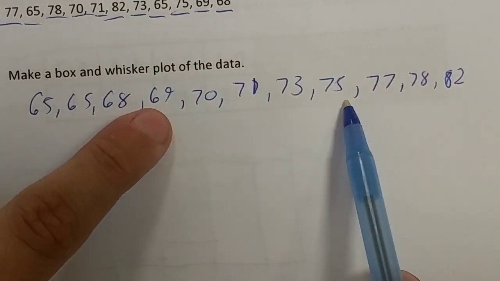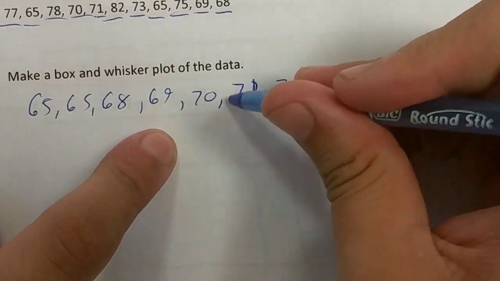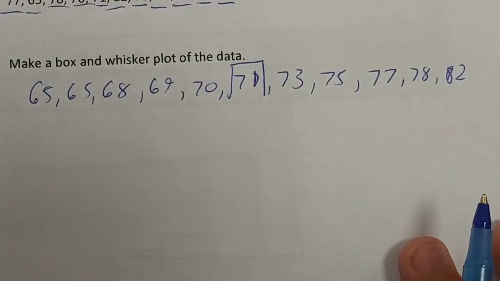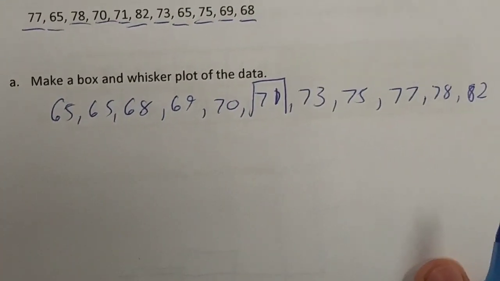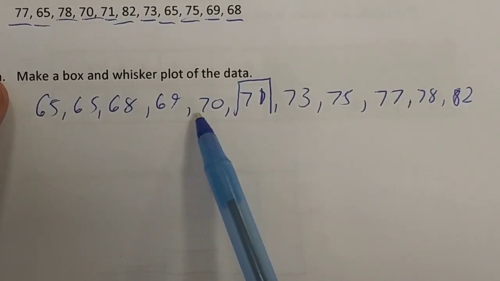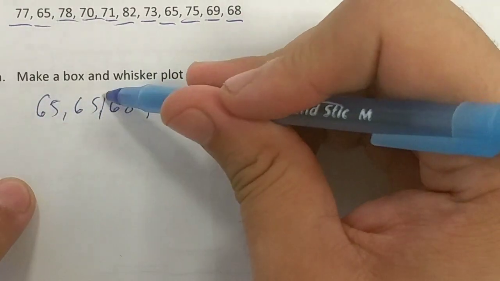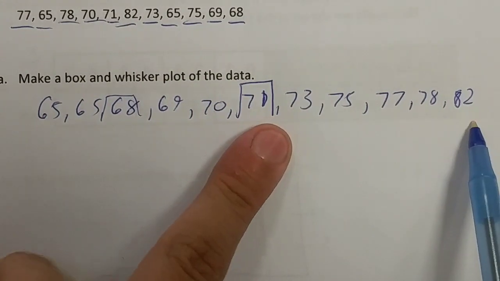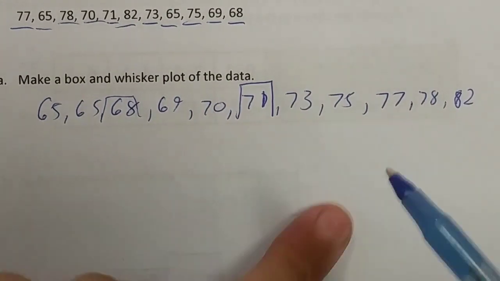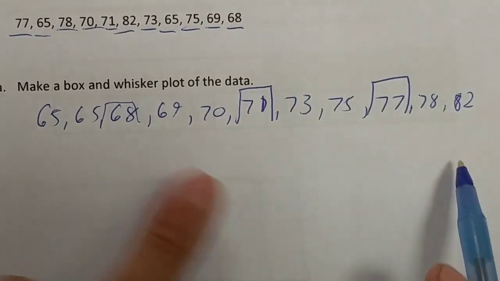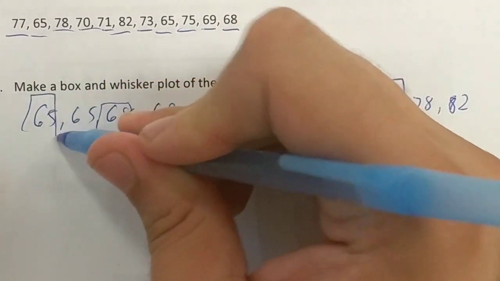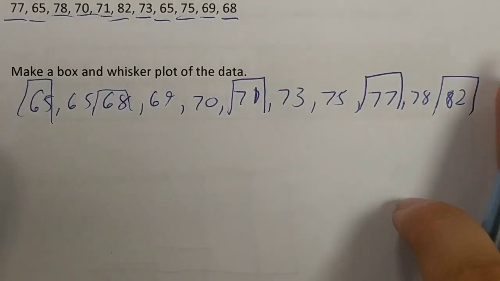The median was exactly 71. So 71 is my first number I care about. Now I'm going to take my lower quartile, the bottom middle, 68. Take my upper quartile, the top middle, 77. And my biggest and smallest numbers, 65 and 82. Those are usually the easiest to find.